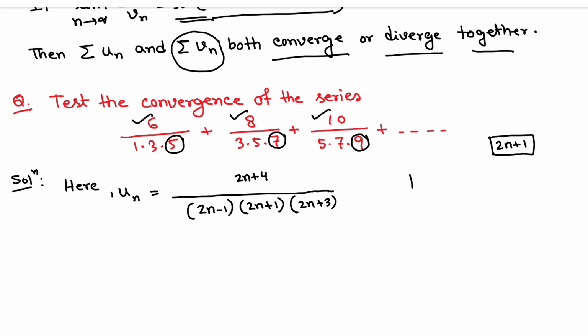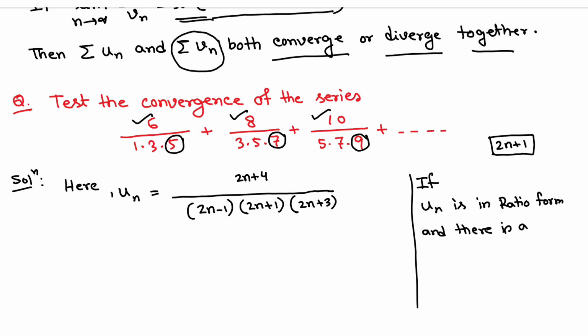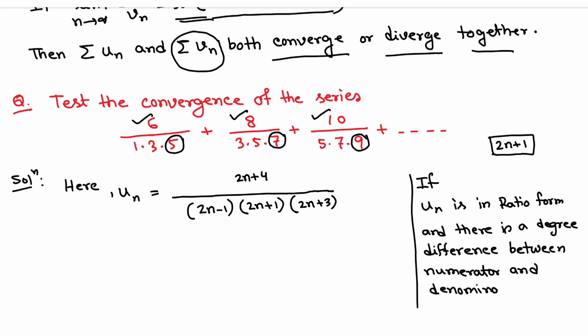Let me tell you, if un is in ratio form, ratio form means numerator divided by denominator, and there is a degree difference between numerator and denominator.